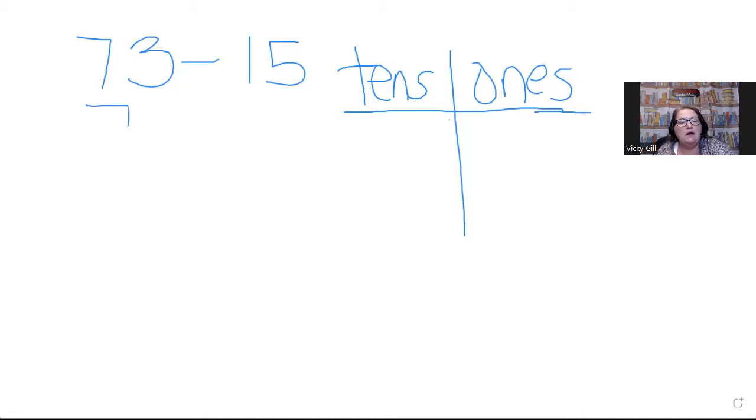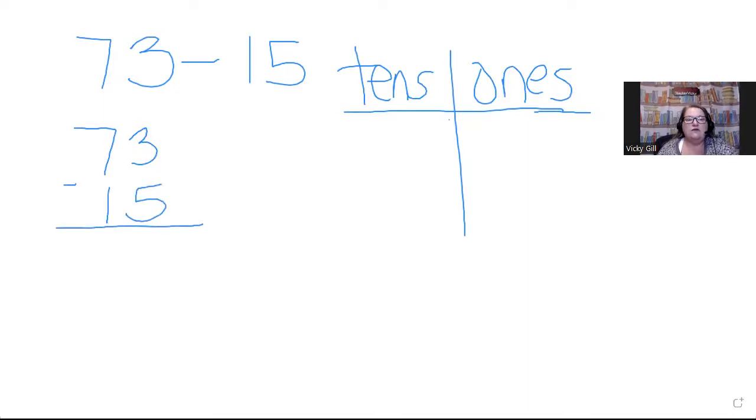Okay. 73 minus 15. So we're going to be borrowing from 73. So we're going to do tens. I'm going to use squares, and each square is representative of 10.